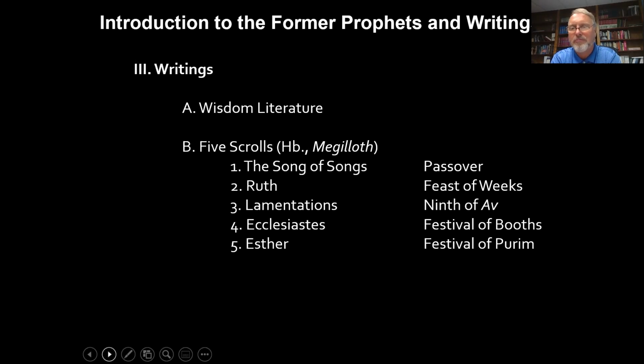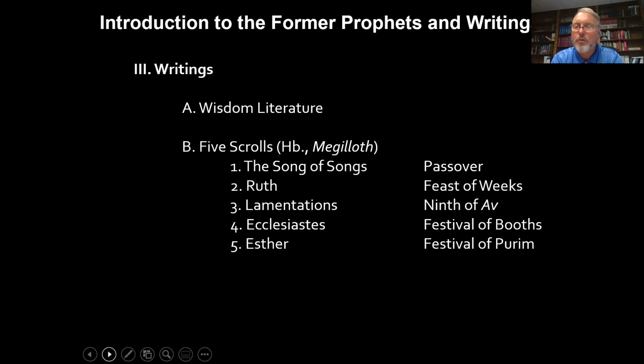These books are filled with the Hebrew wisdom tradition and the style of writing associated with Hebrew wisdom. And so the books of wisdom literature are a major part of the writings, the Ketuvim in the Hebrew canon. But there are other books that are sprinkled in as well. And I had mentioned those earlier: Ruth and Lamentations, Esther, Daniel, Ezra, Nehemiah, and Chronicles.